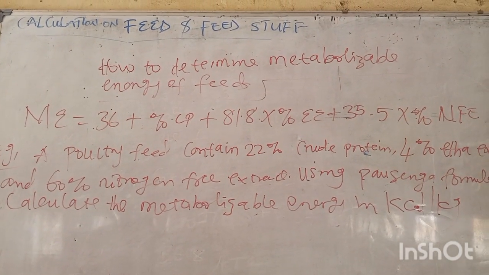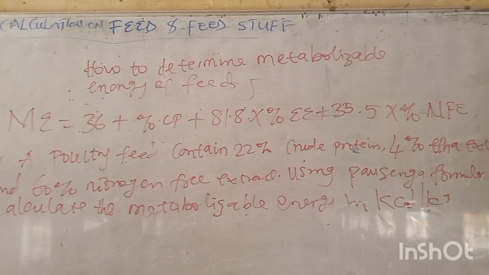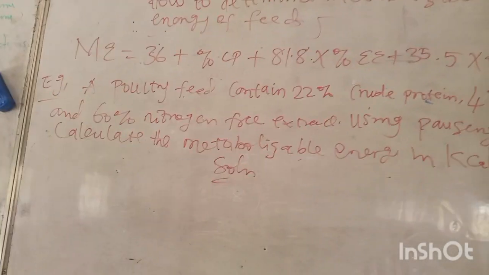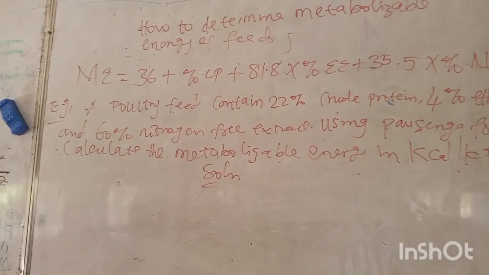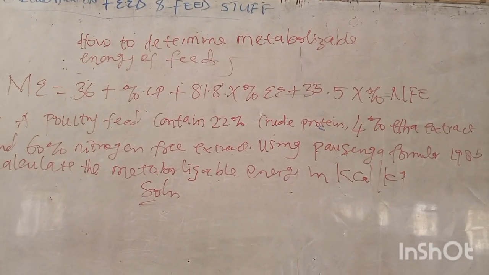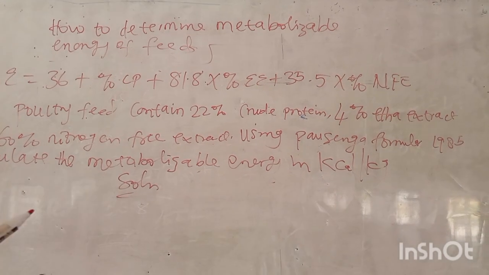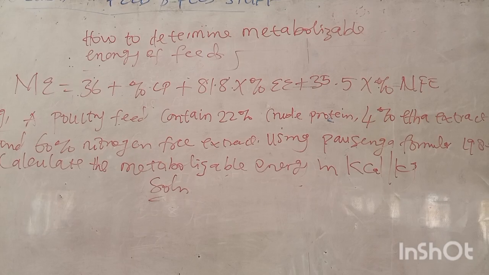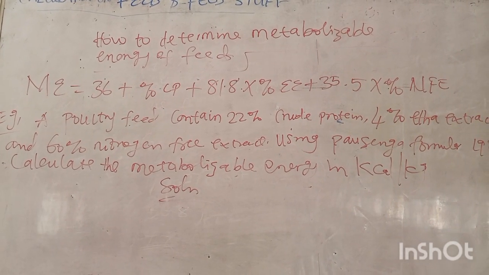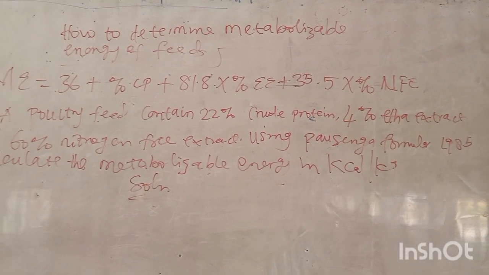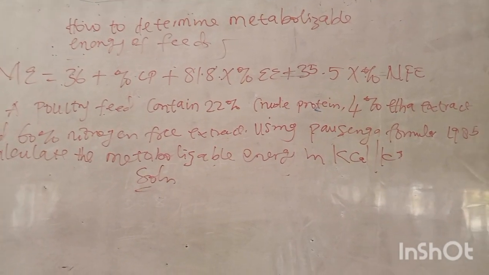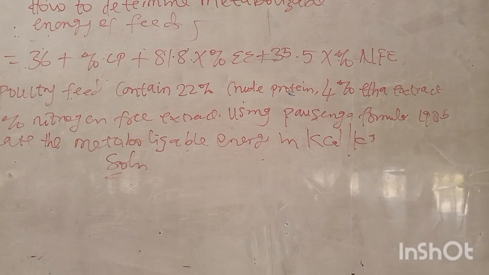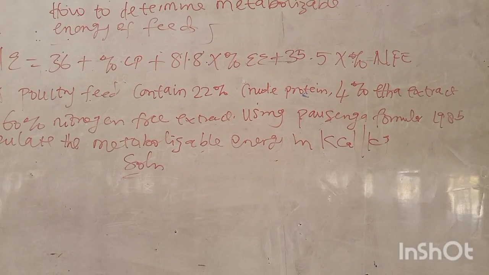So now, how do we attack this particular question? This is the solution here. They say a poultry feed contains 22% crude protein, 4% ether extract, and 60% nitrogen-free extract. Using Pozenga's formula in 1985, calculate the metabolizable energy in kcal/kg. So how do we go about it?